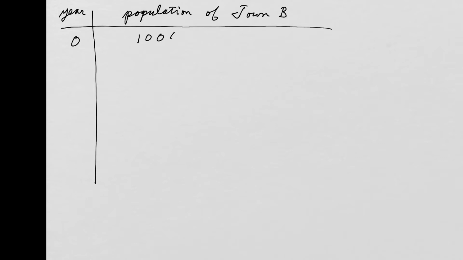It's a starting value, just 1,000. Year 1, the population of town B was 1,000 plus, remember, 10% of 1,000. But another way you could write that is you could factor out the 1,000, since it's common to both terms. You could bring that out front, and you're left with 1 plus 0.01.